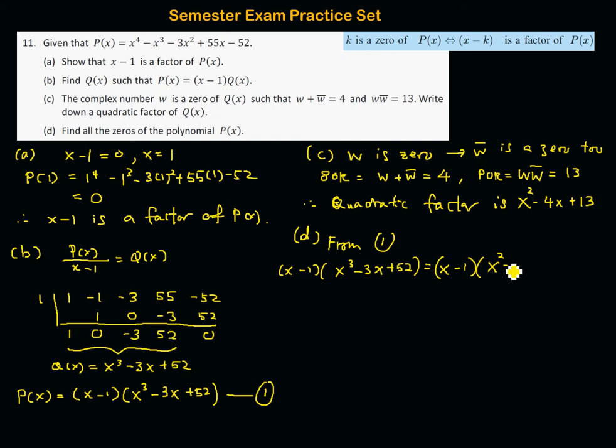And of course there's another linear factor: linear times quadratic. This here is x to the power 4, so the coefficient is 1, so for x cubed this must be x, the coefficient must be 1, otherwise you will not get x to the power 4 on the left hand side.